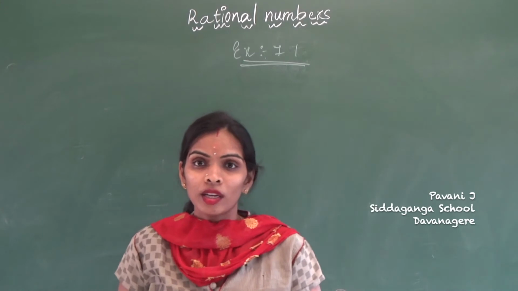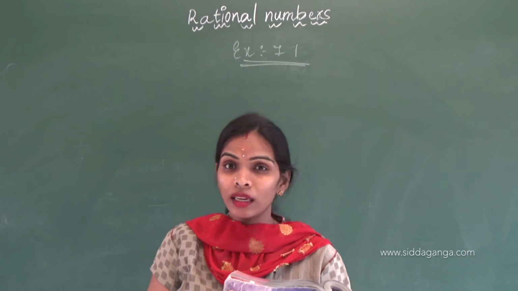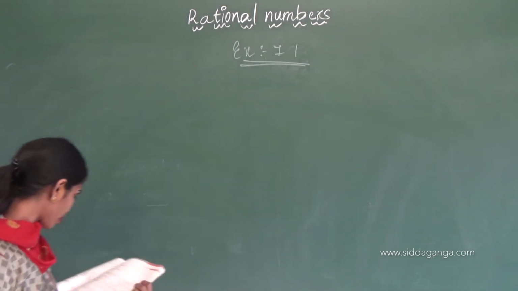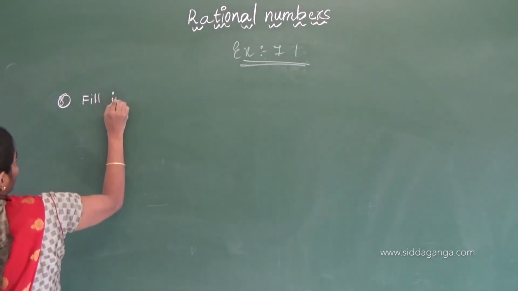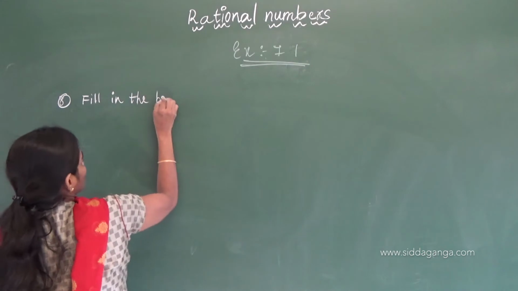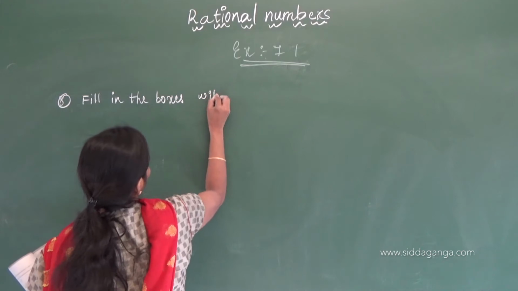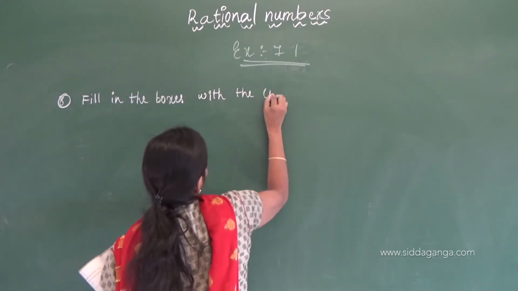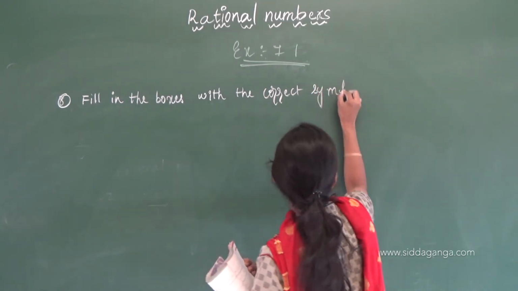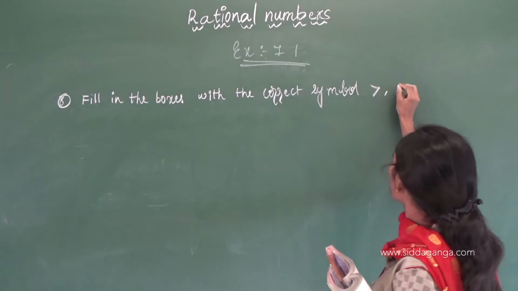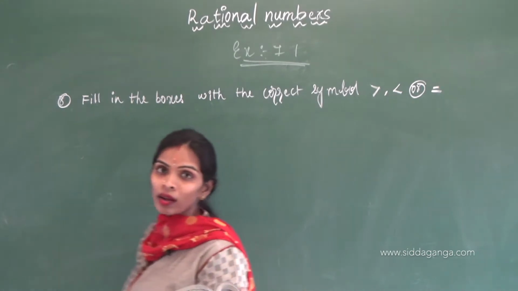Hello children, today I am continuing the exercise part, exercise 7.1 in rational numbers. Fill in the boxes with the correct symbol: greater than, less than or equal to.